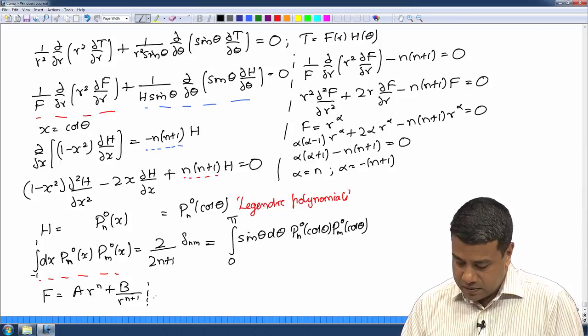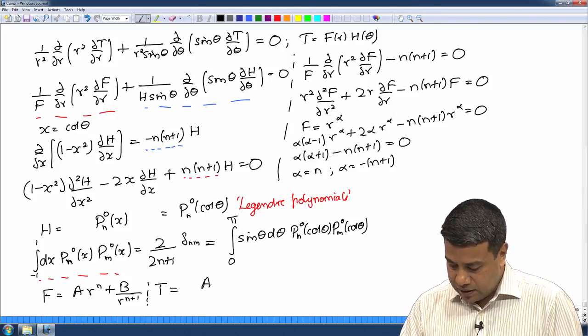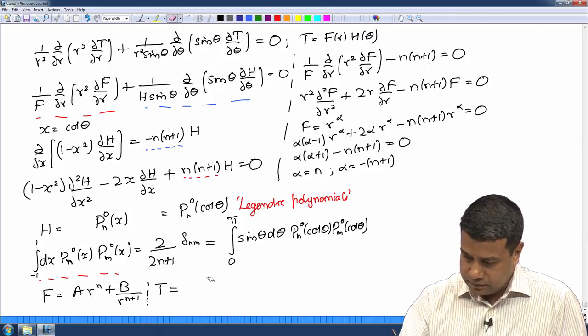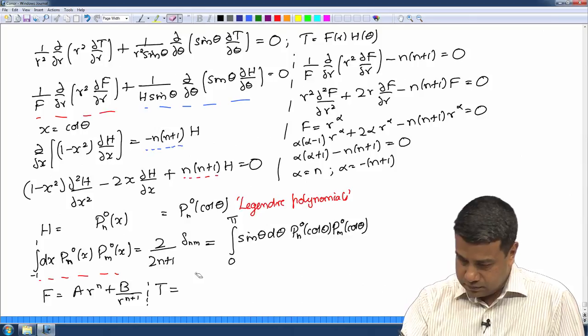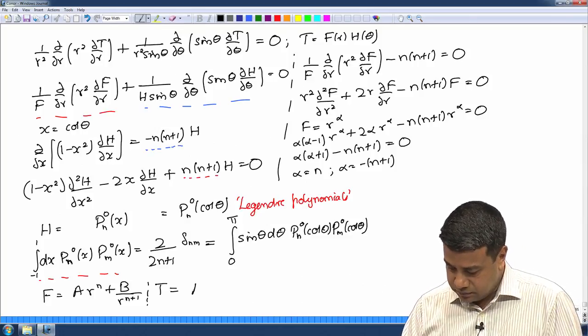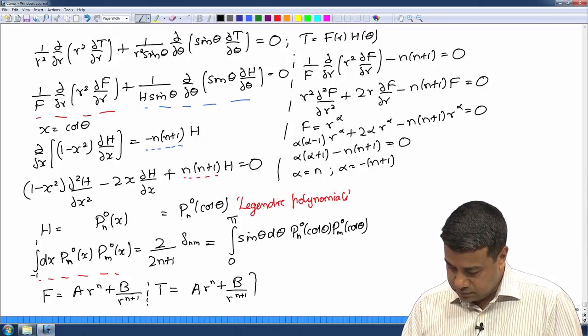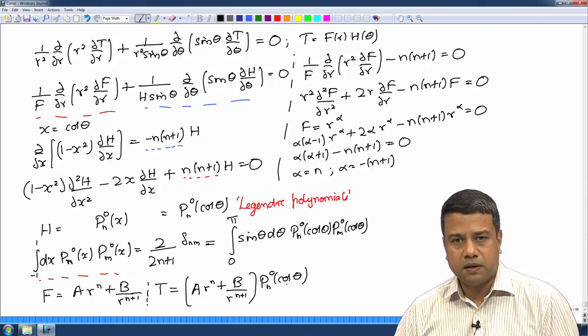And this implies that the total solution for the temperature is going to be of the form A r to the power n plus B by r to the power n plus 1, times P n 0 of cos theta. That is going to be the total solution for the temperature.